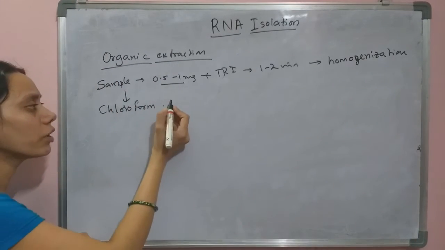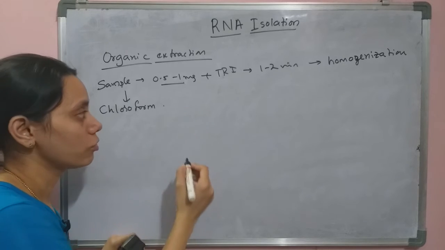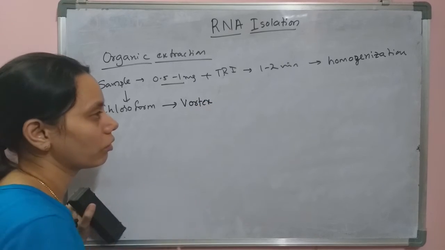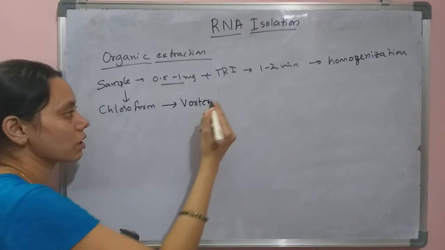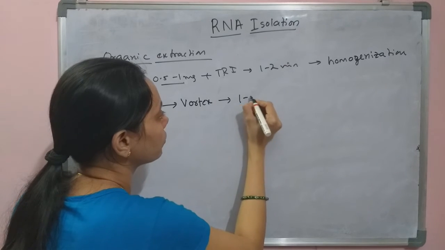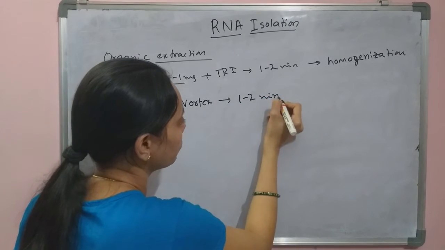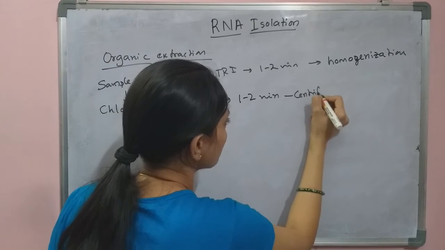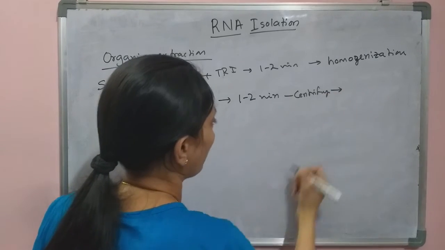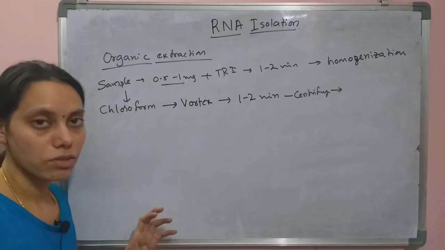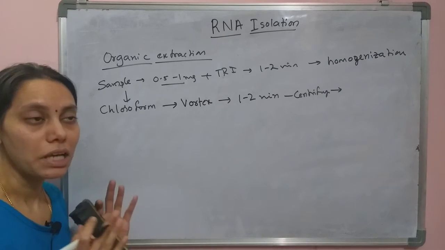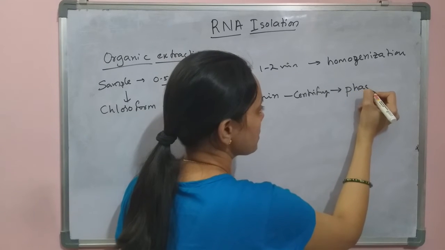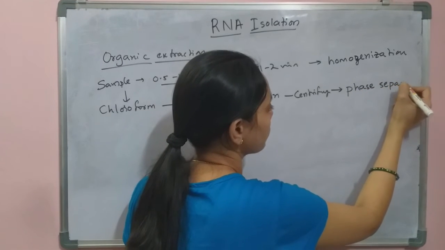Here we are going to add chloroform to the solution and vortex for a few seconds, then incubate for 1 to 2 minutes and centrifuge. Once after centrifugation you are going to have your phase separation.